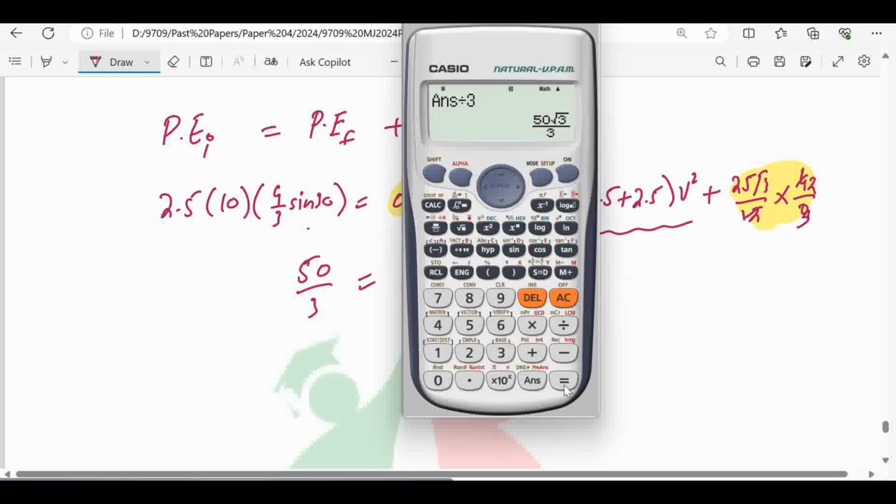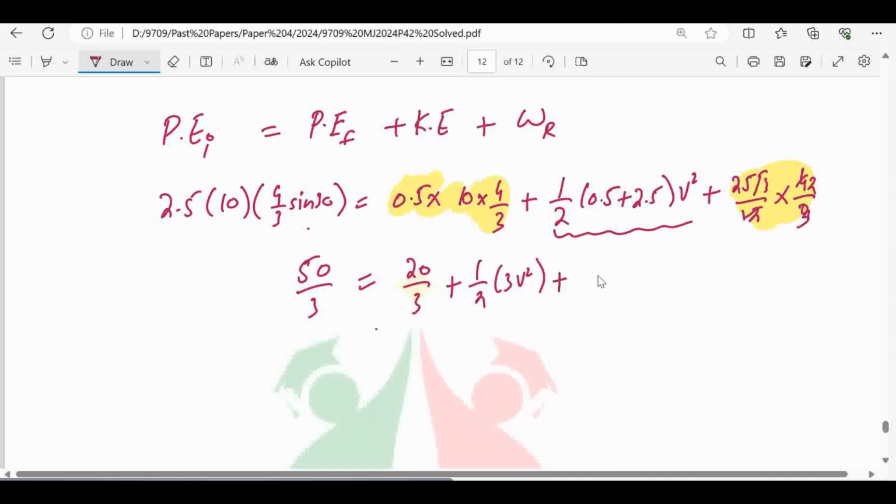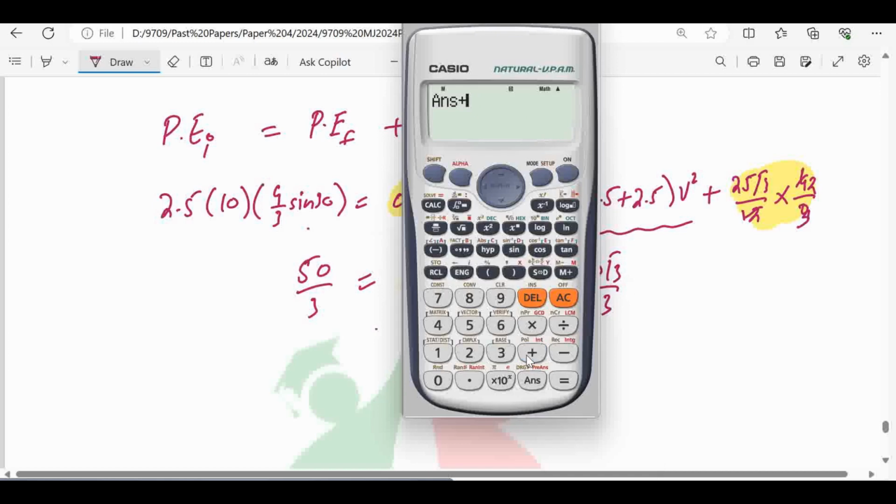So it will give us 50 square root of 3 by 3. So if we have to add it with plus fraction 20 by 3, this was the answer.